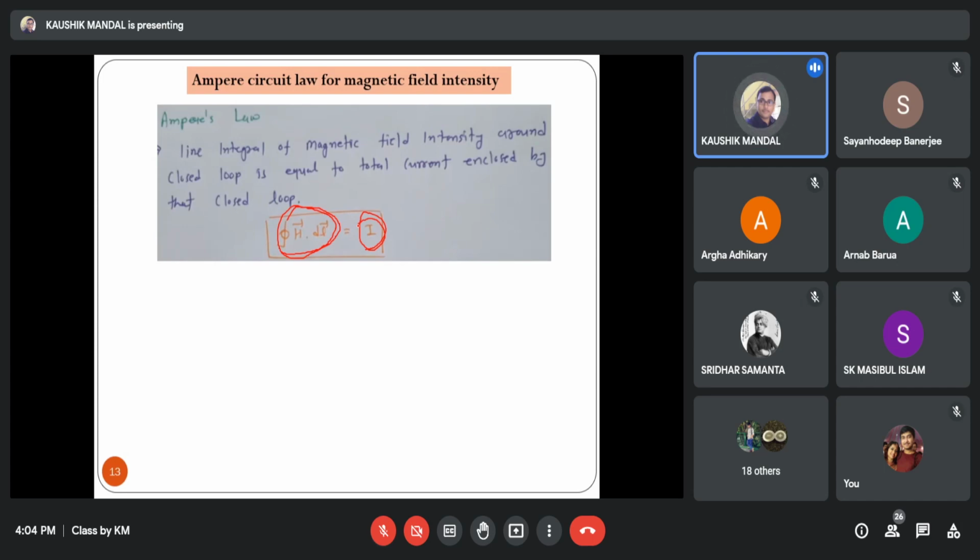So as per the equation, line integral of H dot dl is equal to I, where H is the magnetic field intensity, dl is the corresponding differential length of the closed loop, and I is the total current enclosed in the closed loop. Clear? So Ampere's law states that the line integral of magnetic field intensity around the closed loop will be equal to the total current enclosed by the closed loop. It will be more clear when we consider this example.